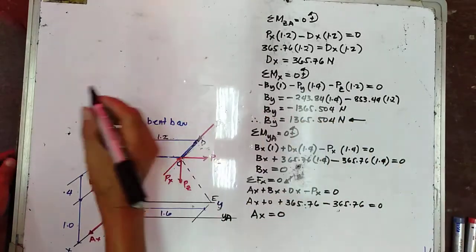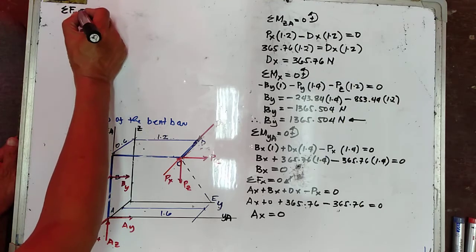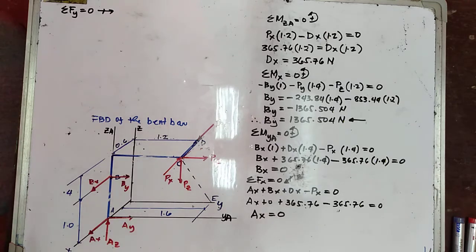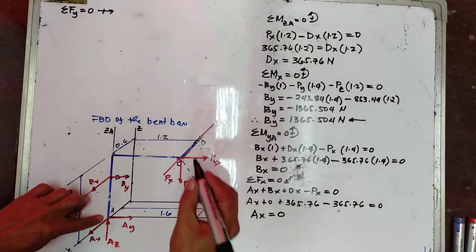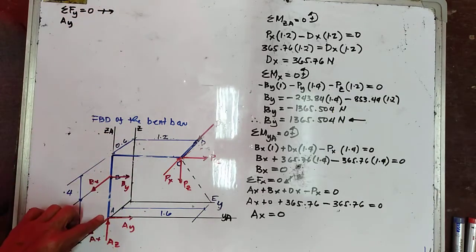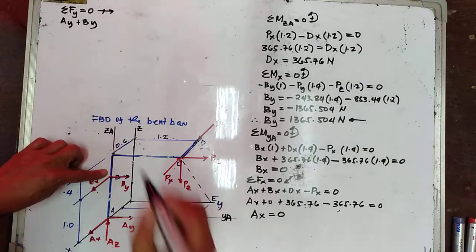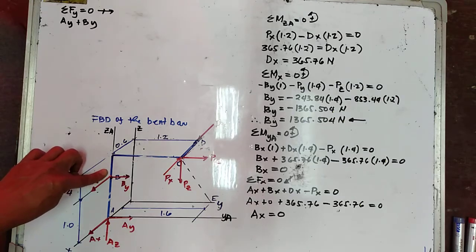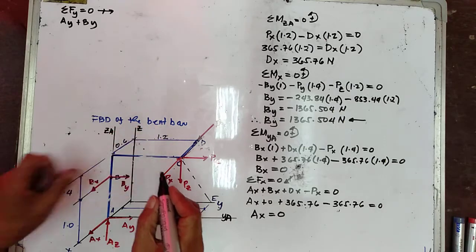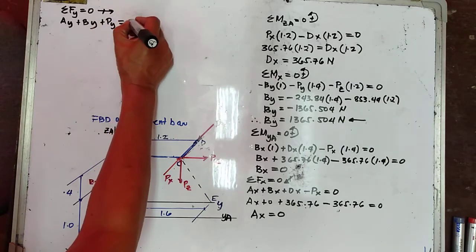Next, summation of forces in the direction of the y-axis is equal to 0. So that is, to the right, forces positive. So we have ay, and then we have by, and then we have plus py, is equal to 0.